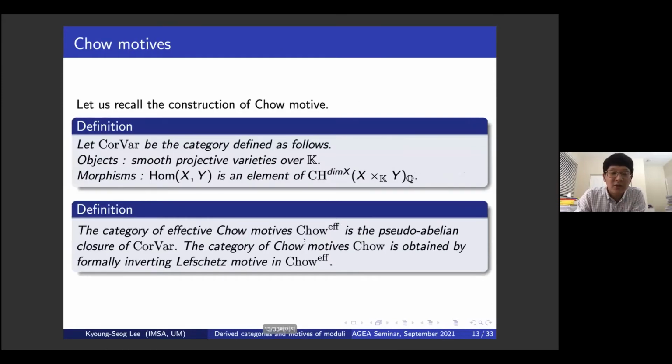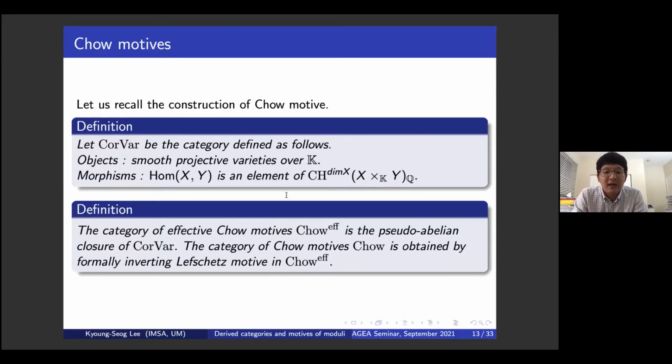There is another notion of motif which Grothendieck suggested and Manin developed: the notion of Chow motif. In order to define Chow motifs, I consider a category whose objects are smooth projective varieties over K, and whose morphisms are the Chow groups of the product of these two varieties.